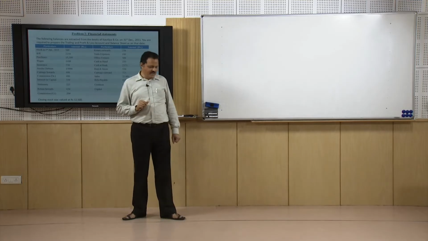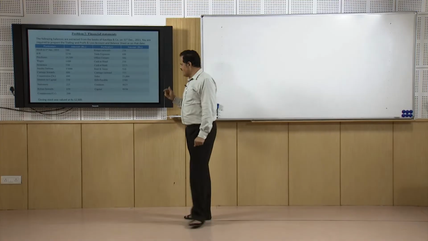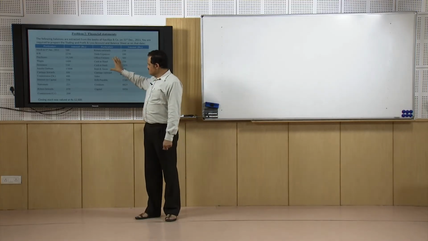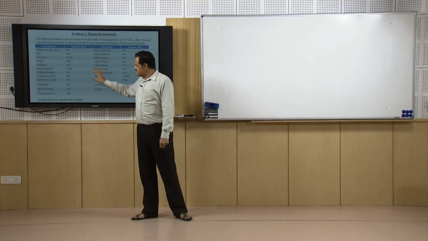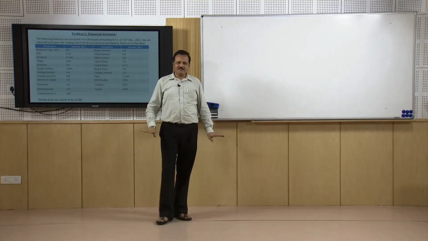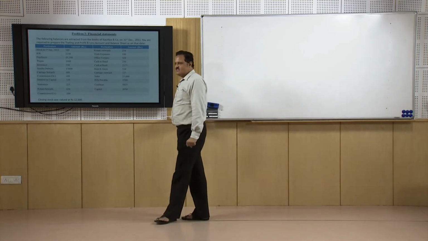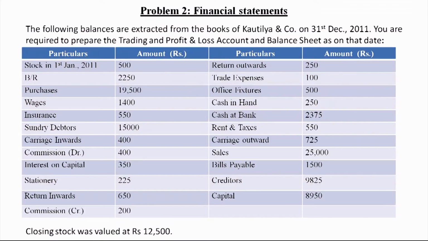Why did we make the double treatment to this extra item, the item outside the trial balance? Look, the items which are given here, the balances given here, double entry accounting for these balances has already been completed. We have seen that we first take the transaction to the journal, from journal to ledger, and ledger to the trial balance, and this is the trial balance.